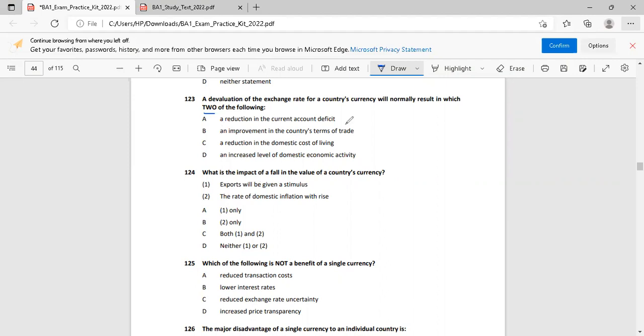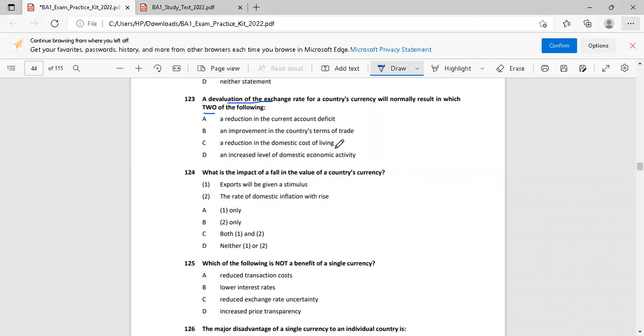An improvement in countries' terms of trade cannot be the answer because at what price the goods will be sold, what's the credit period, those things are about terms of trade. Here there is a devaluation of the exchange rate, so the currency has weakened. A reduction in the domestic cost of living also is not appropriate.